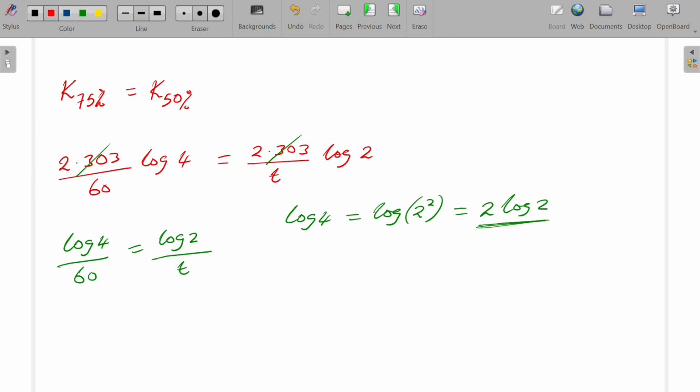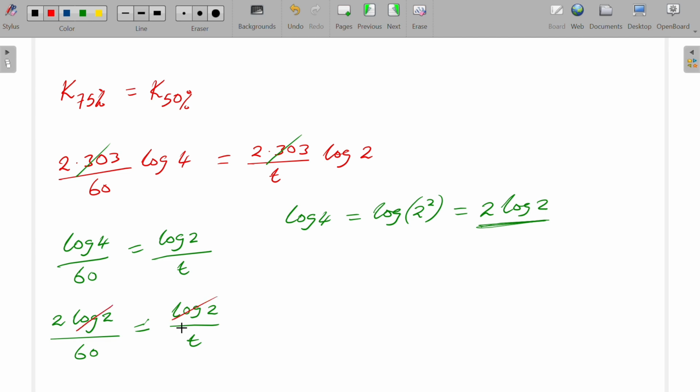So let's quickly do that. So now here we'll say we have 2 log of 2, divided by 60, and this is equal to, on the other side, log 2 divided by t. When we reach here, we'll see that we have the same log here.